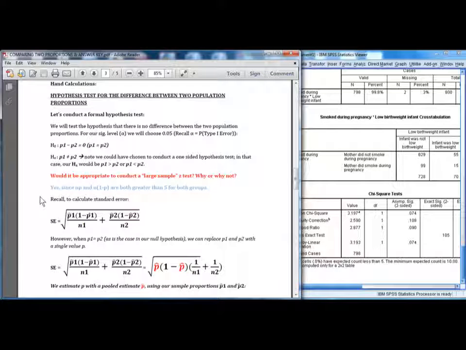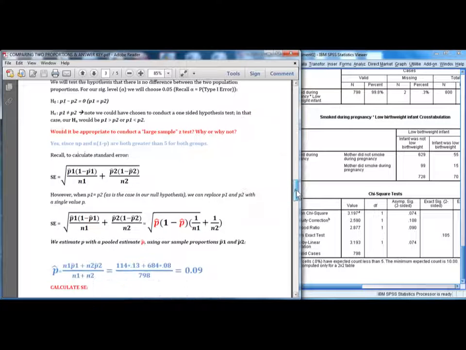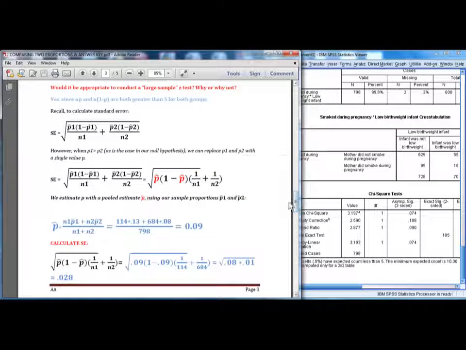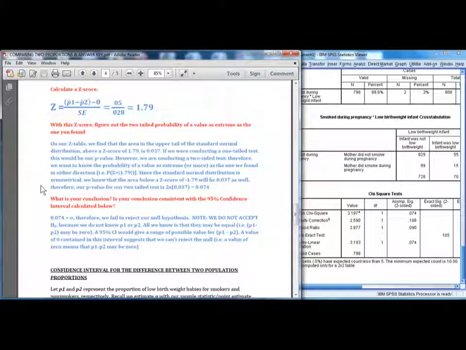I'm not going to go through these with you. The main thing to see here is that the values which we calculated are the same.